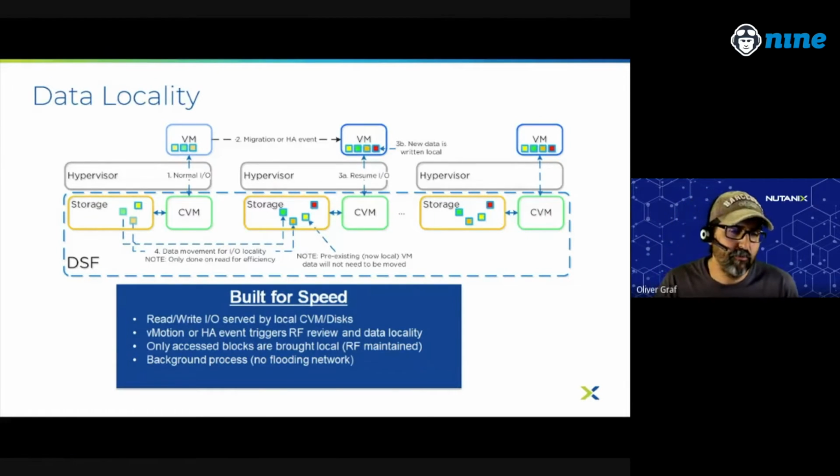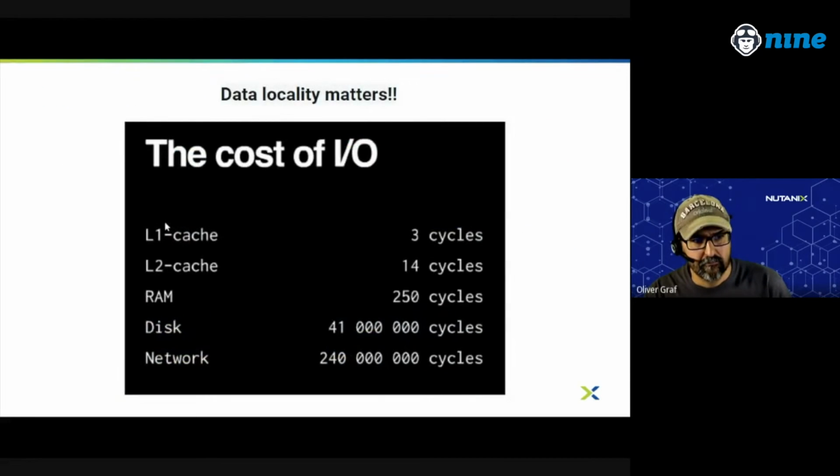So with data locality, we can reduce the network utilization by around 70%. And again, data locality really does matter.